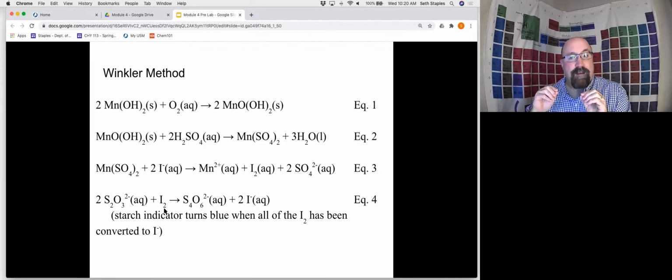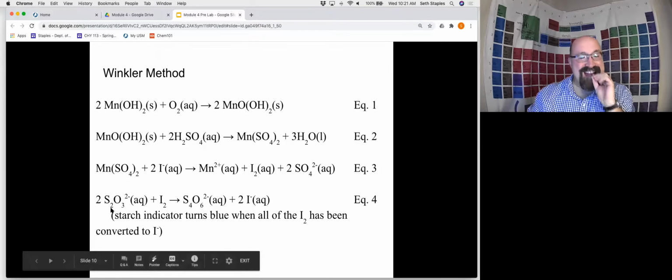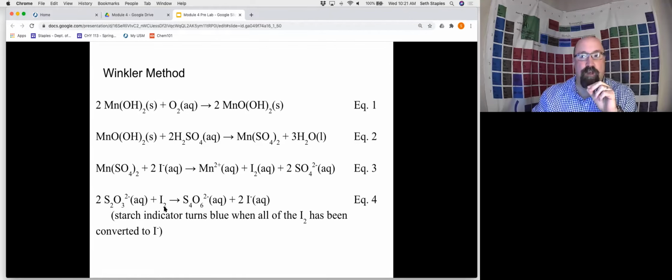Keeping in mind what this endpoint tells us, at this point, when the reaction turns blue, we have added exactly enough S2O3 to react with all the I2 that was present.